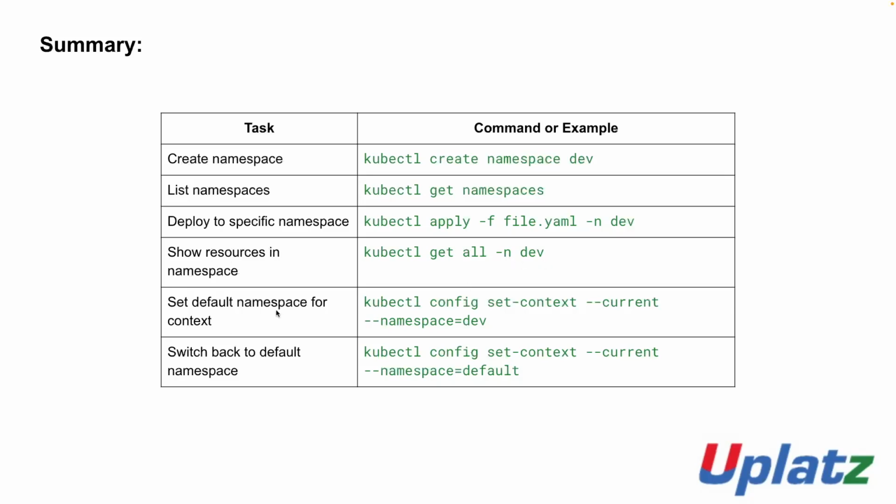Set default namespace for context: kubectl config set-context --current --namespace=dev. Switch back to default namespace: kubectl config set-context --current --namespace=default.